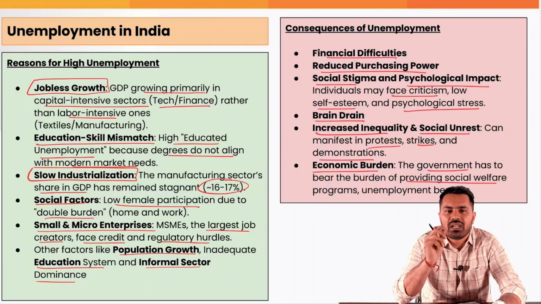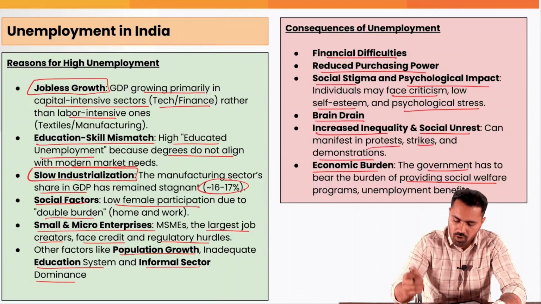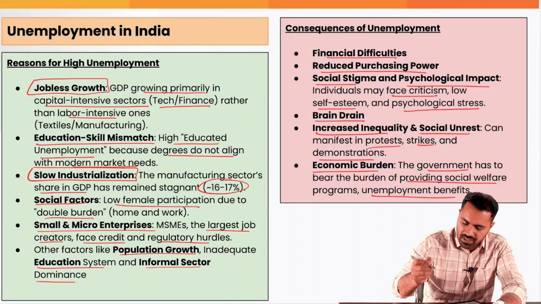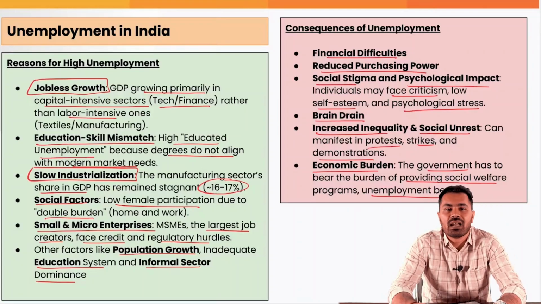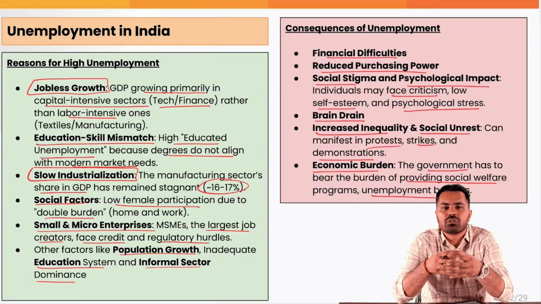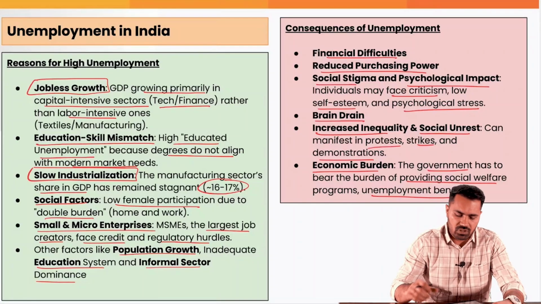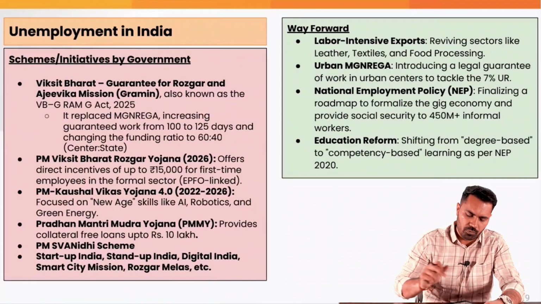Like how the government is still now providing free food, free ration to 80 crore people. It creates a fiscal burden on the government, and it may lead to unemployment benefits like Ladli Behna Yojana. A lot of government schemes are being run where the government is giving free money to people, which sometimes our PM also calls Revdi culture. So this will be promoted because of high unemployment. So this all will be the consequences of unemployment.